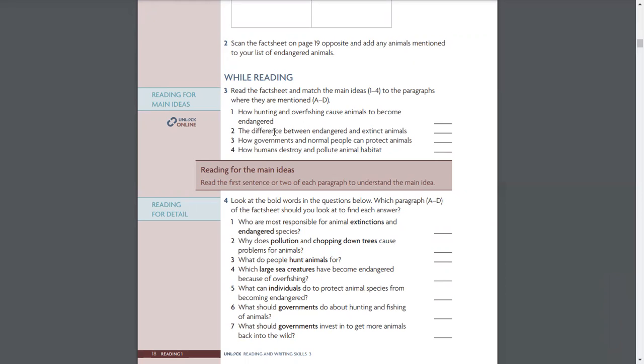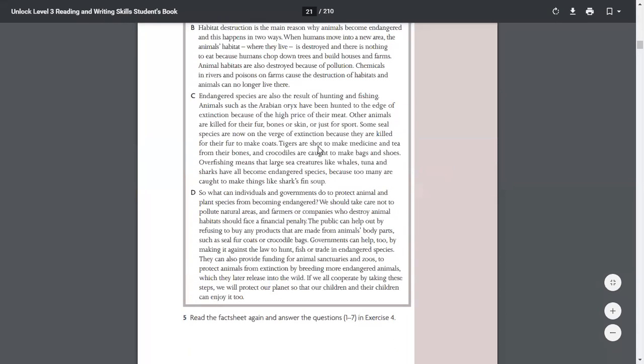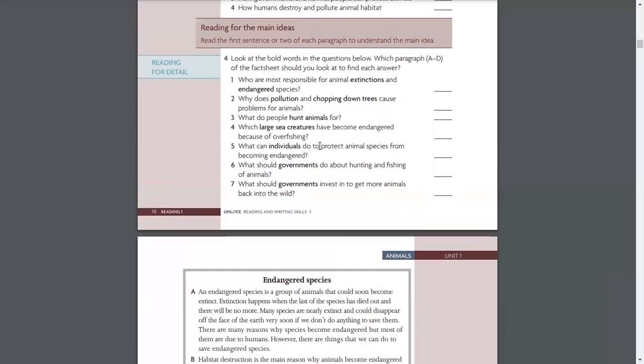Your idea can become the main idea of a paragraph or a text only when it is general, when the whole paragraph is about it. If this thing is only mentioned in your paragraph, then it may not be the main idea. So you have 4 options here, 1, 2, 3, 4, and you need to match them with paragraphs A, B, C, and D on page number 19.